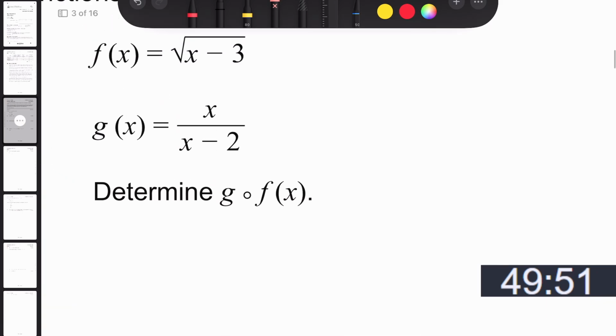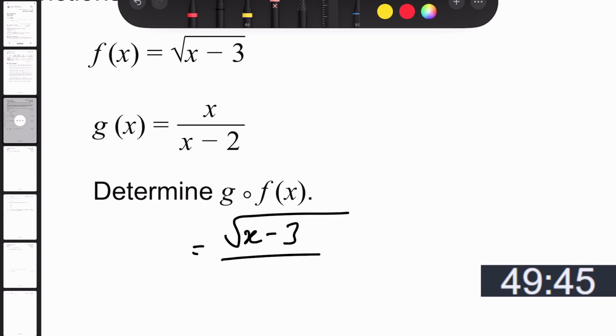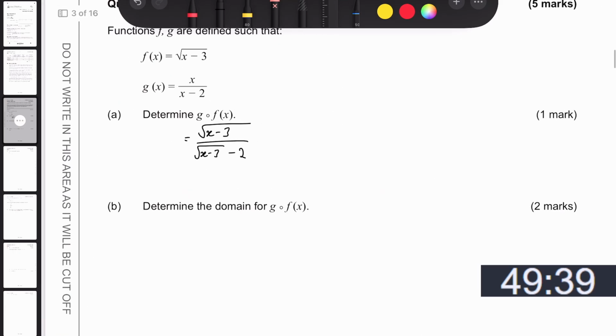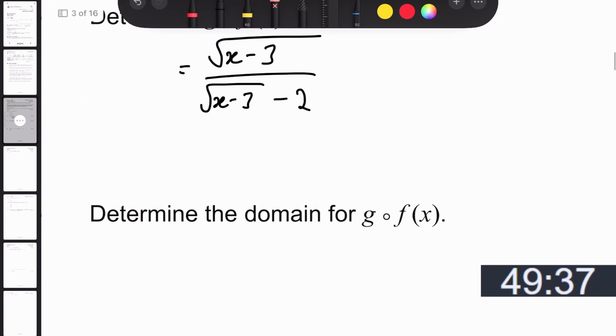Okay, find g of f of x. So I just got to sub in square root of x minus 3 all over square root of x minus 3 minus 2. Determine the domain for g of f of x. Well, first of all, x minus 3 must be greater than or equal to 0. Therefore, x must itself be greater than or equal to 3.